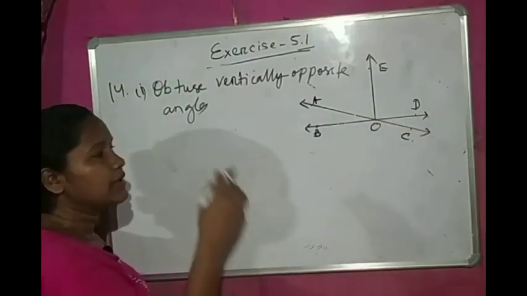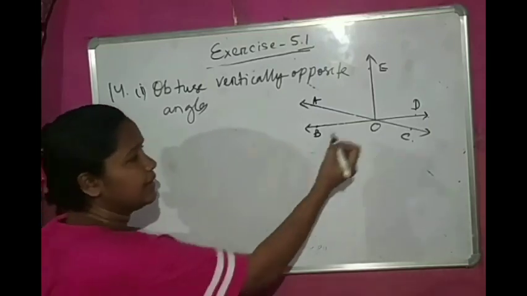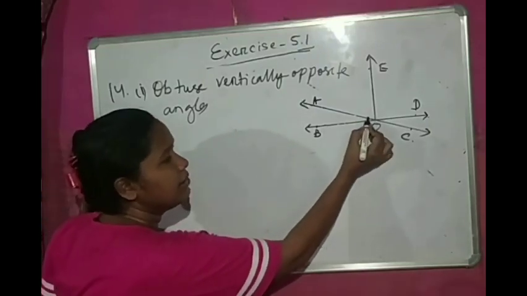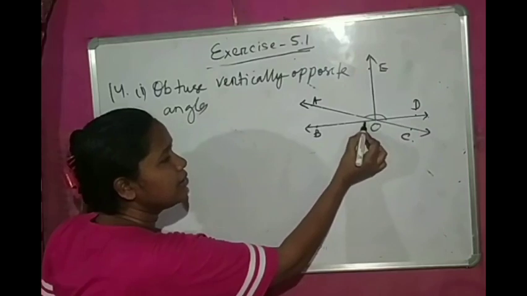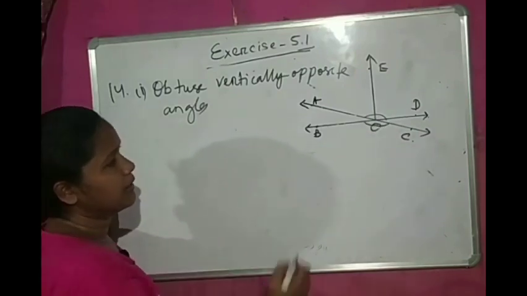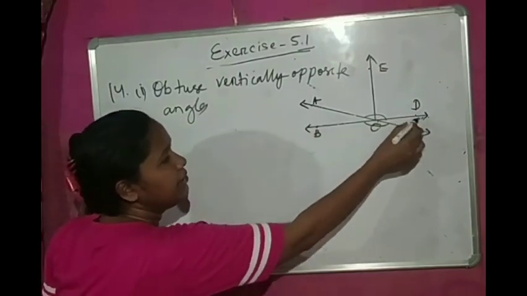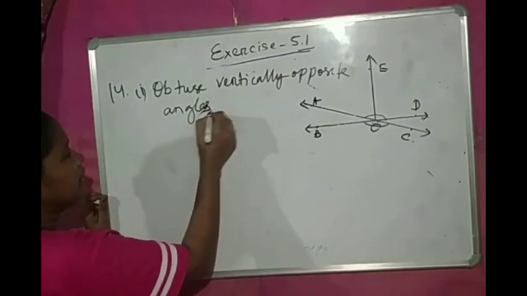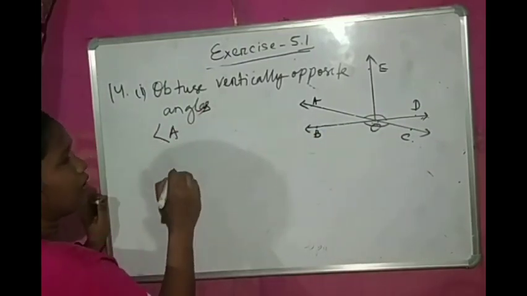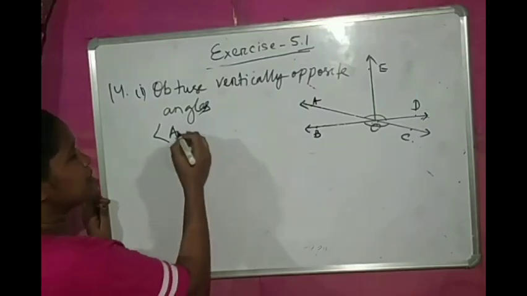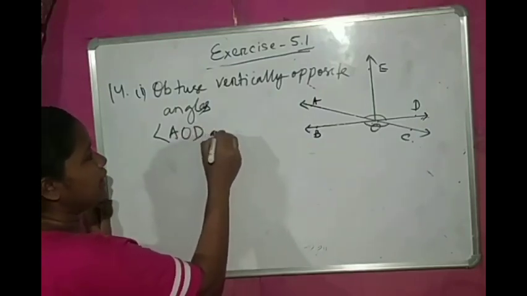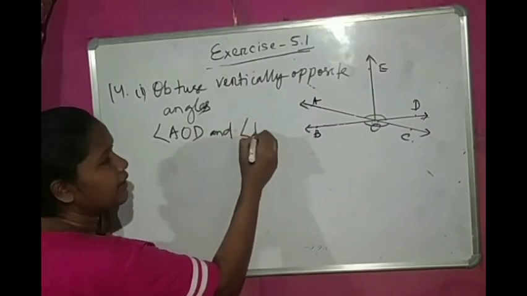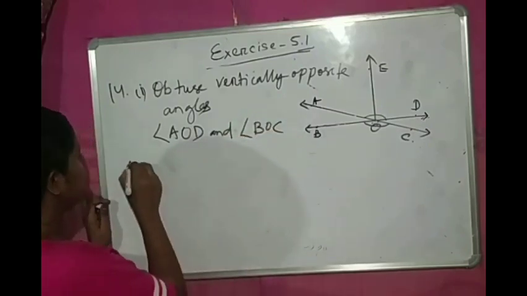These two lines are intersecting at point O. Here this is one obtuse angle, and this is also an obtuse angle. So angle AOD and angle BOC are obtuse vertically opposite angles.